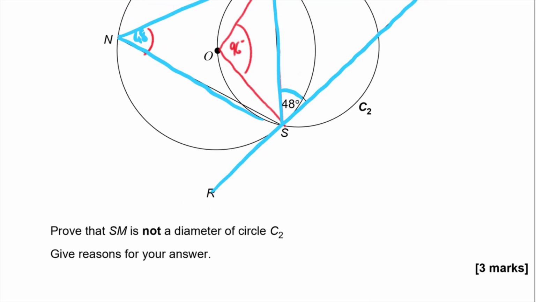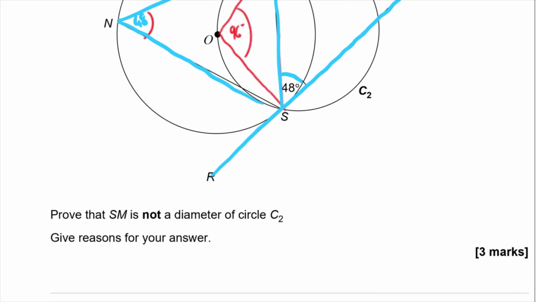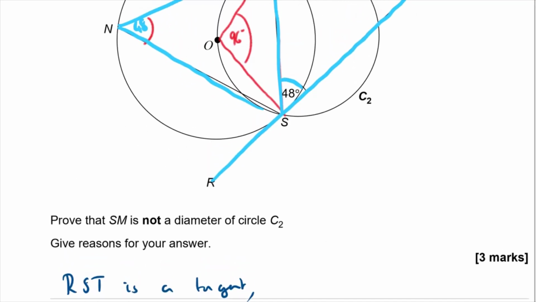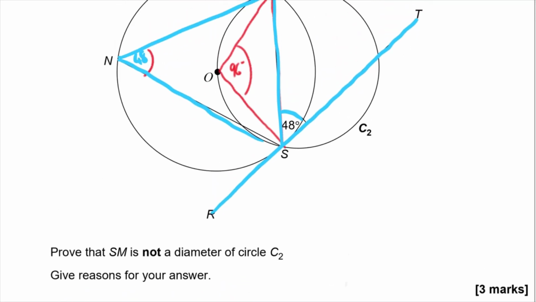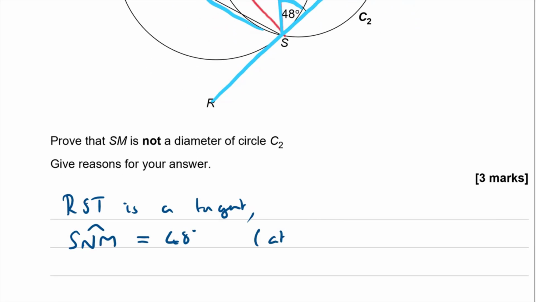So let's start with the tangent and working out what the angle at N is. RST is a tangent, and therefore angle SNM must be equal to 48 degrees because of the alternate segment theorem.